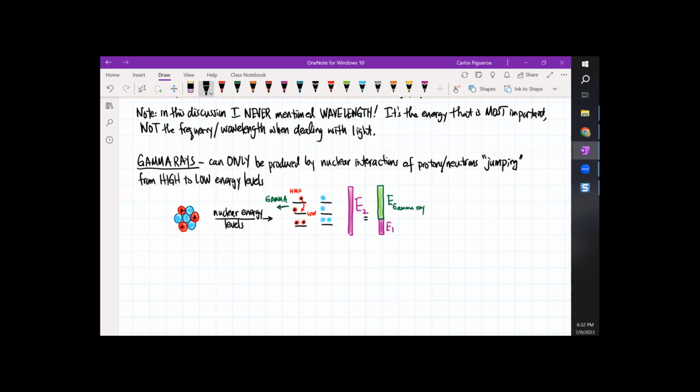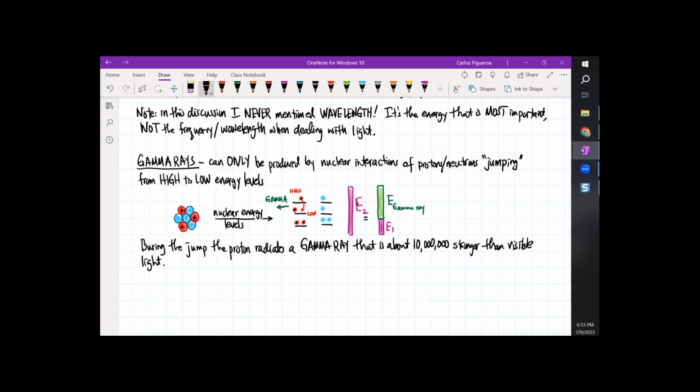In other words, during the jump, the proton radiates a gamma ray that is about 10 million times stronger than visible light.